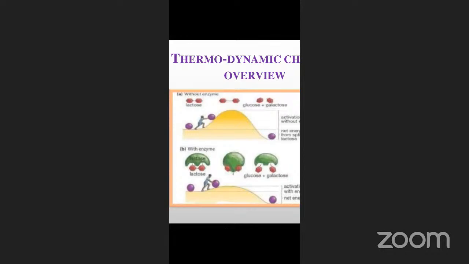What happens if the peak of the mountain is very high? To climb that mountain, it requires a lot of energy, a lot of time, a lot of effort. That is the activation energy. We have to get activated to reach that peak, right? Then it will drop.